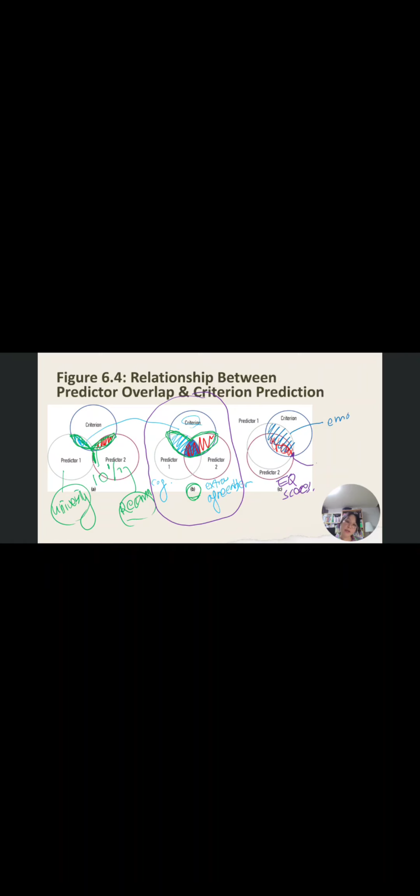So when you're looking at the EQ, this is overlap. This is overlap between predictor 1 and predictor 2. So that's why it's very poor.